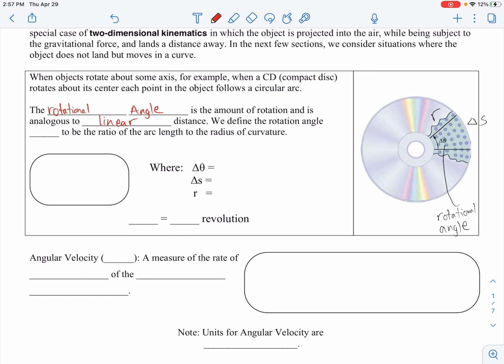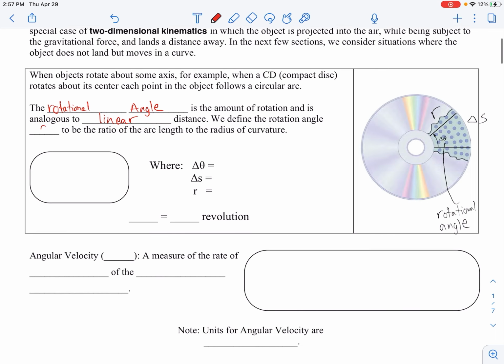We define the rotation angle theta to be the ratio of the arc length to the radius of curvature. So put that into words: our change in rotational angle is equal to the arc length divided by the radius. So again, let's just define these clearly.